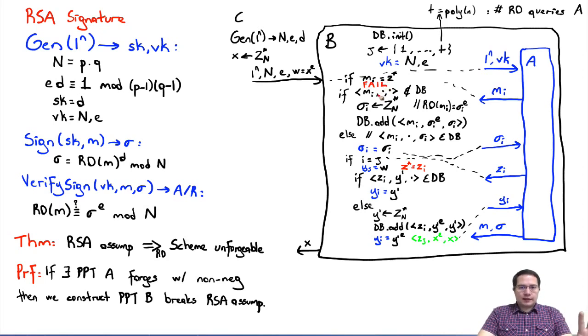Now, let's say this is not the case. Let's talk about the last part here. What happens when the adversary forges a signature? Remember, for the adversary to win, we have the following conditions. For all the mi queries, they are different from the message that the adversary forged a signature on. And the signature must verify: verify using this verification key with this message output by the adversary, and the signature must accept.